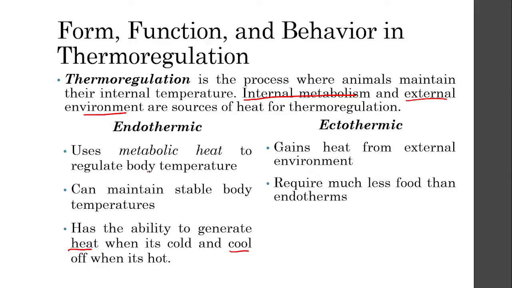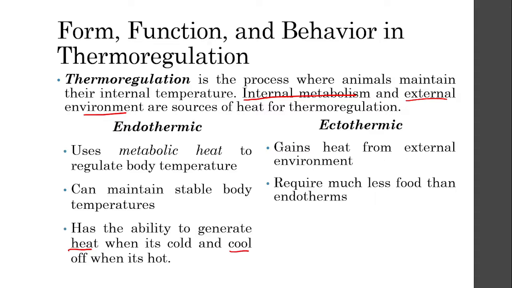Unlike us humans or a lot of mammals, which are endothermic, we actually eat a lot of food. And one of the main reasons that we eat food is because of cellular respiration. And cellular respiration, which is related to our metabolism, actually creates and generates heat.